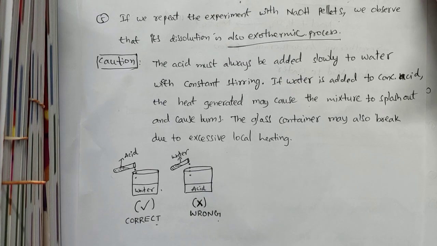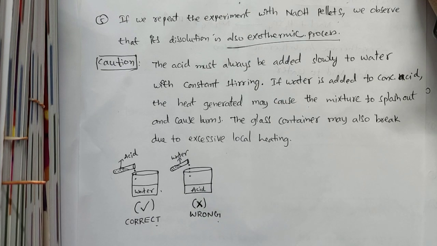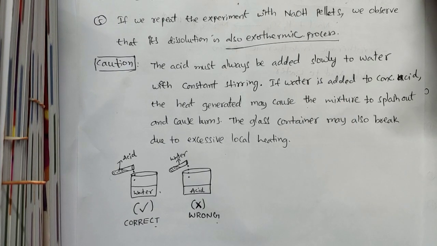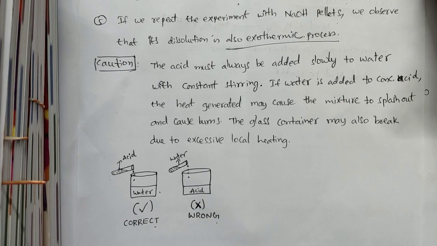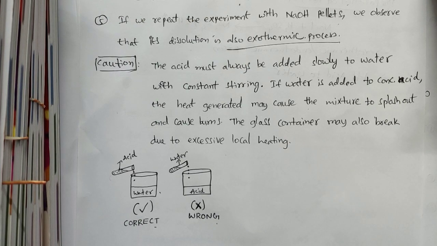The reason is, in the dissolution process, the ions are largely hydrated. That is what we are mentioning, H plus aqueous cation, OH minus aqueous anion. Because of this hydration, a large amount of energy is released. Sometimes it is called hydration energy, and this process is an exothermic process.